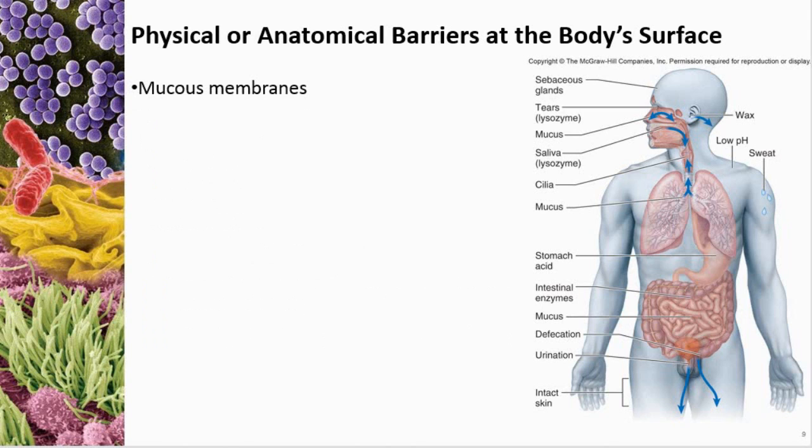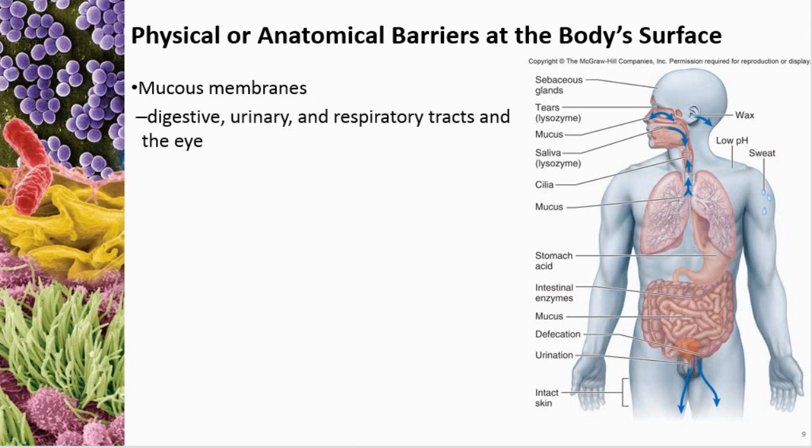So the next barriers are your mucous membranes. Now remember, mucous membranes are epithelial tissues in cavities that open to the environment, which would be your GI tract, respiratory tract, genitourinary tract, and even your eye, like your tear ducts.